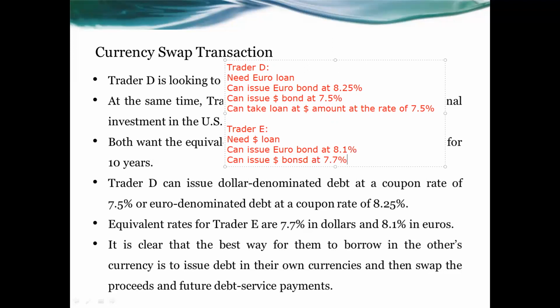Right? Dollar bond at 7.7%. Okay. So what is the situation then?